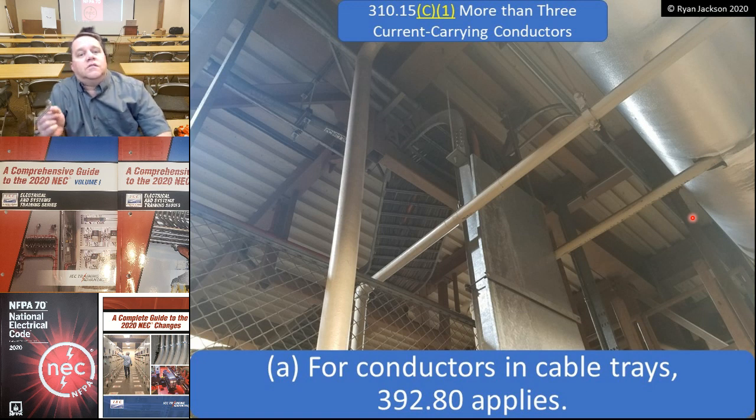And if you have individual conductors, such as just 2-aught XHHW that's TC rated, that's tray rated, then you don't need to worry about it at all. So it's just the number of conductors in each cable in the cable tray, not the total number of conductors in the tray.